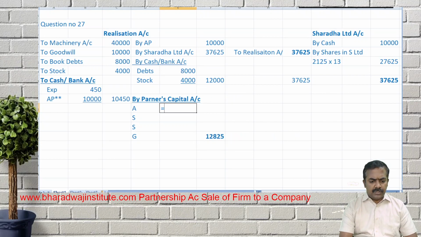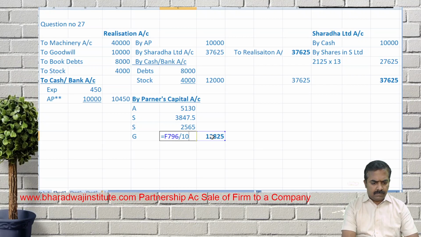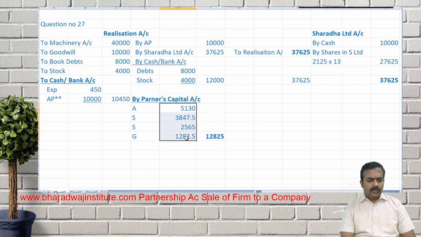Share the loss in a ratio. 4 by 10, 3 by 10. Four is to three is to two is to one ratio.